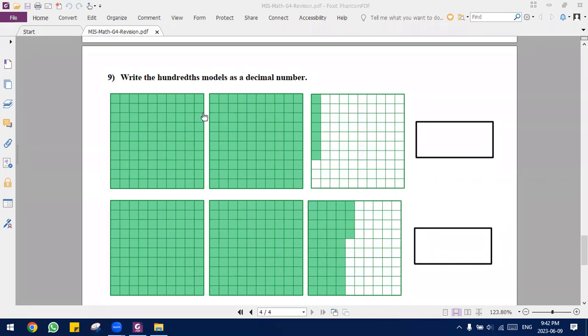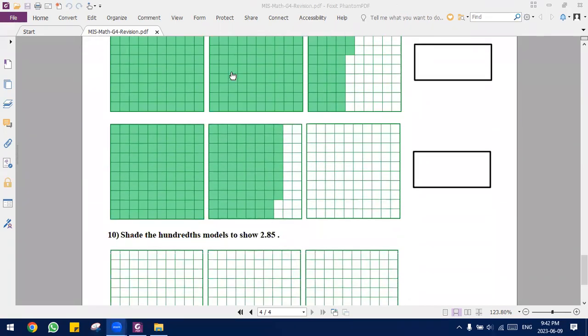Next one. Here I have 1 point, and then 10, 20, 30, 40, 50, 60, 70. 1, 2, 3, 4, 5, 6, 7, 8. 78. This is out of 100. 1.78.